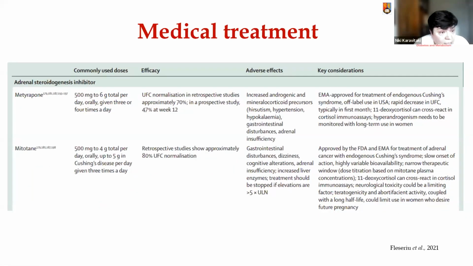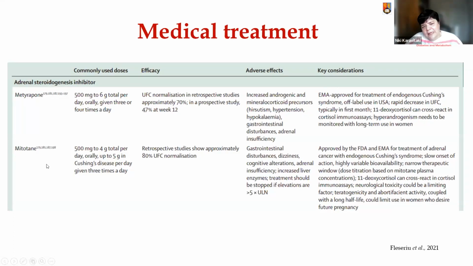Other adrenal steroidogenesis inhibitors include metyrapone, which is used widely in the UK. Again, retrospective studies have shown urinary free cortisol normalization in around 70%. Again, as with osilodrostat, we have increased androgenic and mineralocorticoid precursors, so similar key considerations.